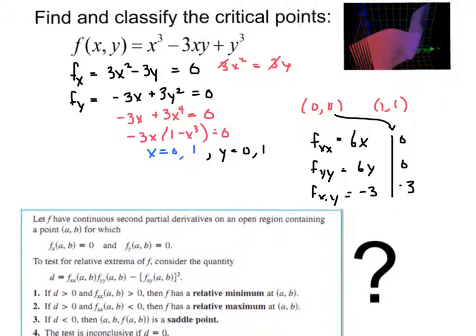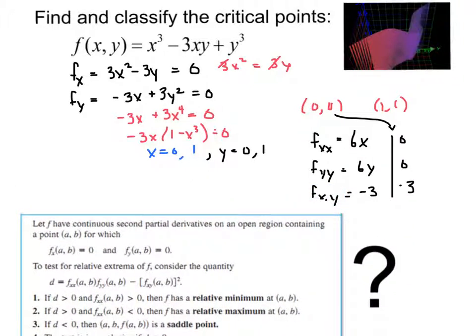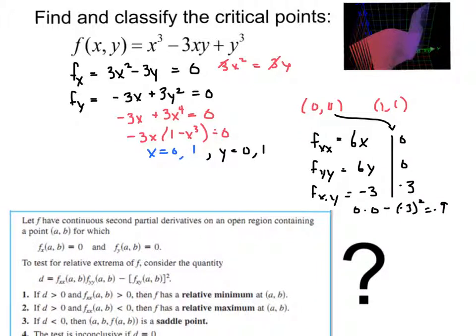D is the product of the two derivatives with respect to x and y, and then minus that mixed one squared. So I've got 0 times 0 minus -3 squared, so I've got -9. So you see right here it says if d is negative, we have a saddle point. Okay, so this is a saddle.